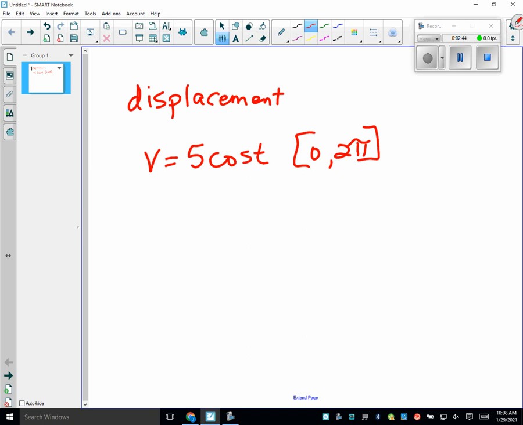When is it moving to the left? And when is it stopped? Isn't it stopped when velocity is 0? So when is 5 cosine of t equal to 0?